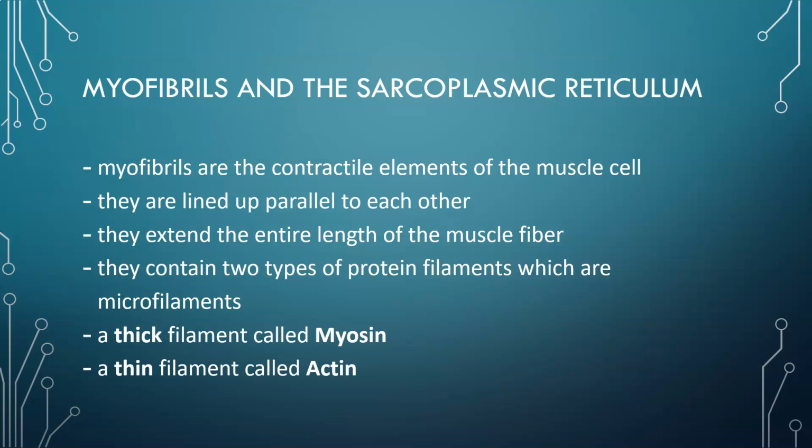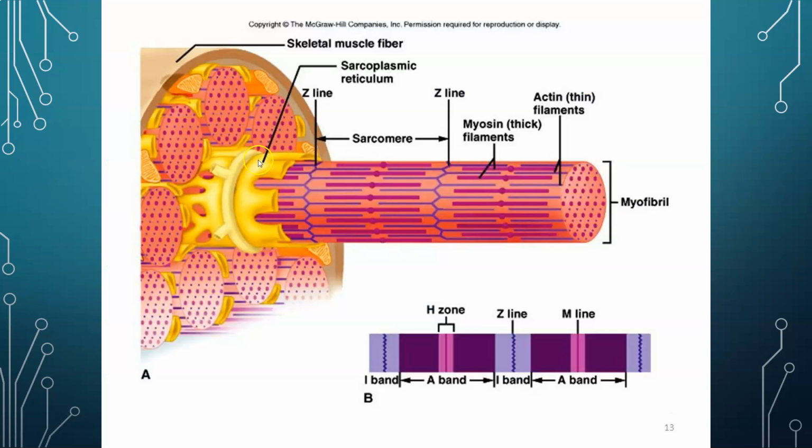Within this, we have two types of protein filaments, which are microfilaments. We have a thick filament called myosin and a thin filament called actin. So we can see here in this diagram, the thin filaments are expressed by this particular color as a small line. So this is the actin.